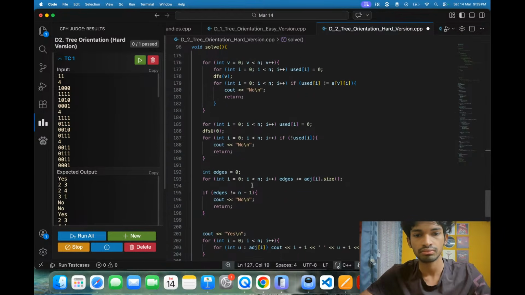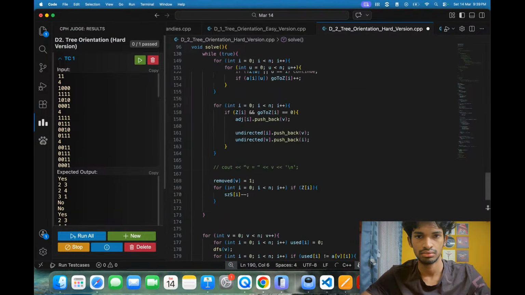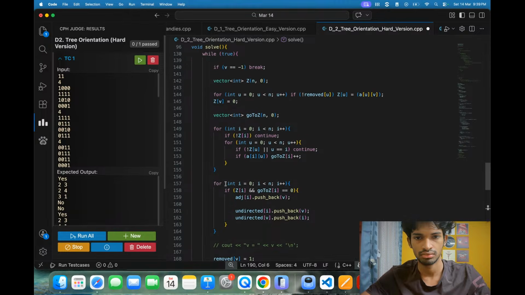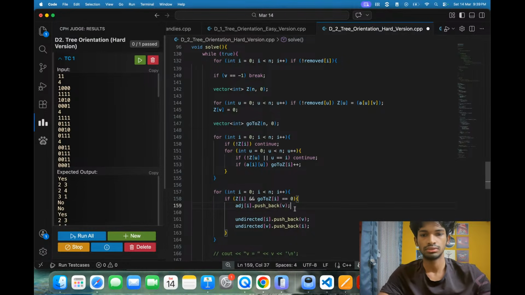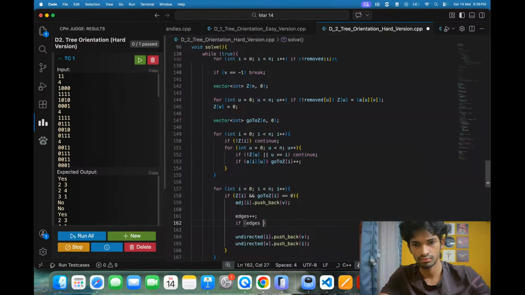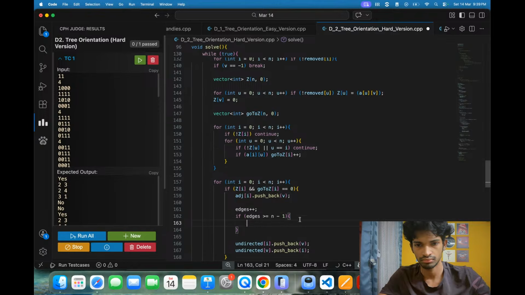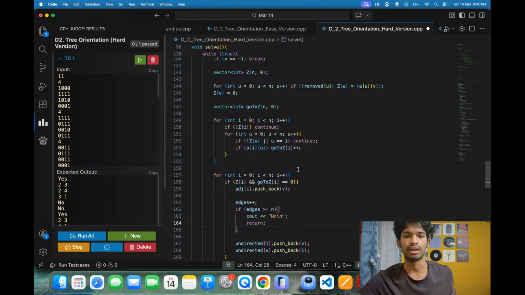Okay, this is not needed now. So now you have to maintain a set, at least it's O of n log n square log n.